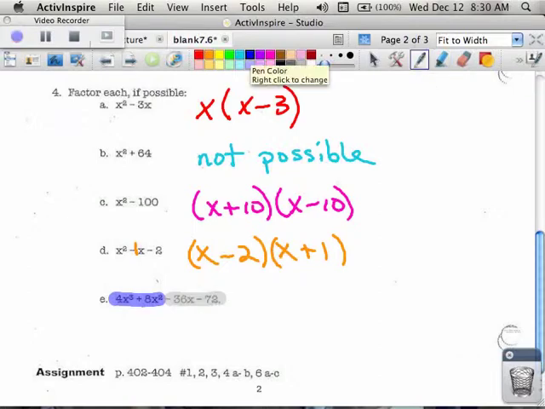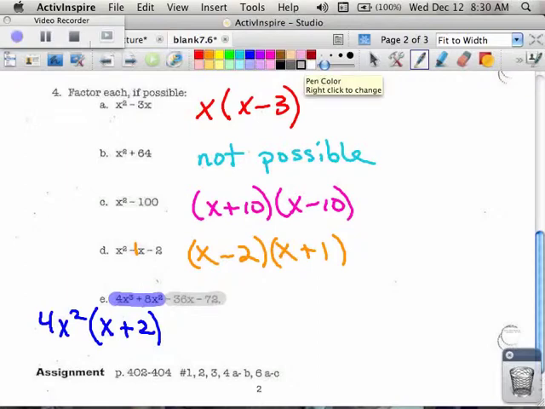In the blue, I notice that I have a common factor of 4x squared, because 4 goes into both 4 and 8, and x squared goes into both x cubed and x squared. Left over, I'll have an x, a plus, and a 2. In the gray, I already know that if this is going to work by factoring by grouping, I have to have x plus 2. And in order to get that out, I have to factor out a negative 36.